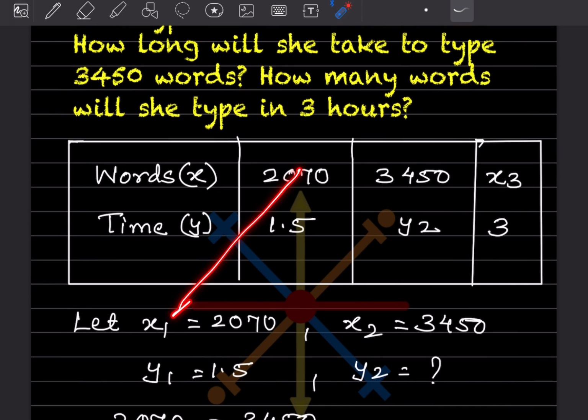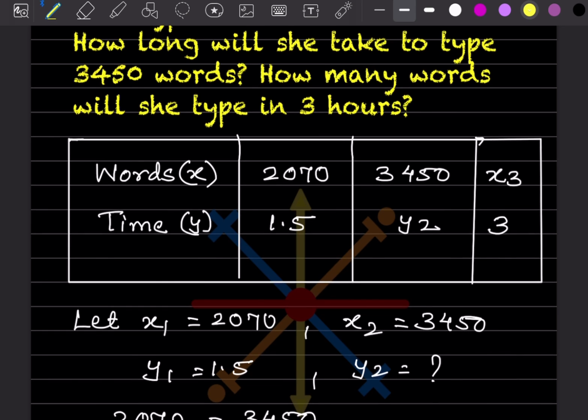So x3 we don't know, so I'll just use a different color. x3, we'll put a question mark over here, and y3 is just 3.